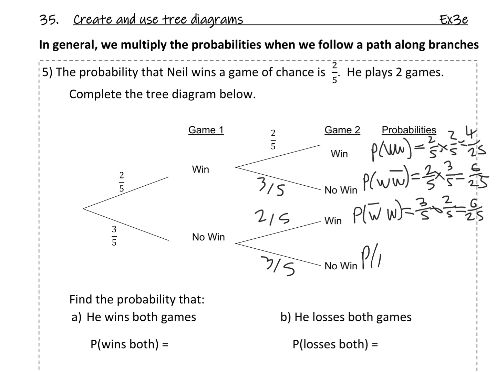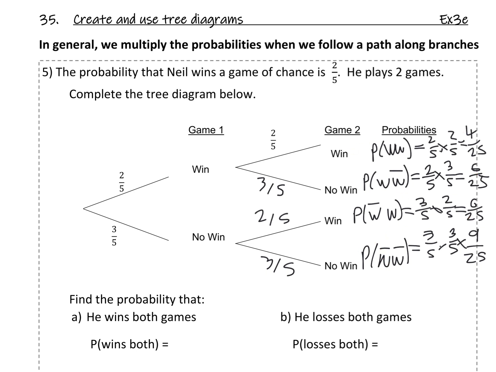Probability of, I was going to write L there, which would be fine, but a line on top of W means no win. And that would be 3/5 times 3/5. That gives 9/25. If I've done that correctly, these are the 4 possible outcomes. There's no other possible outcomes.